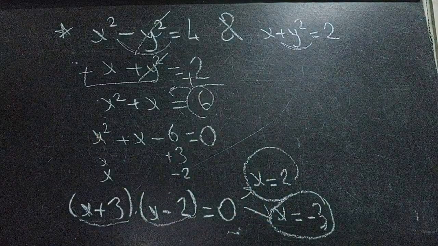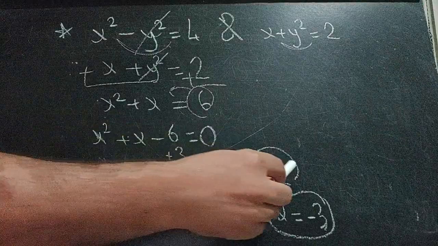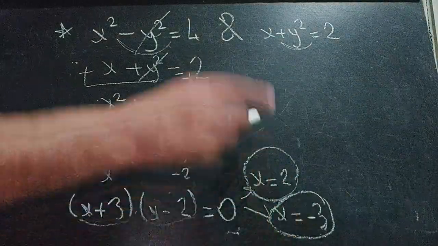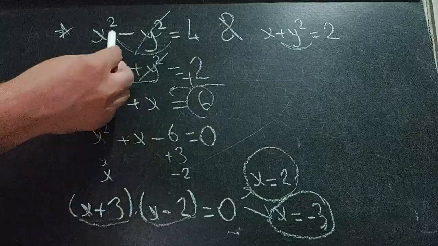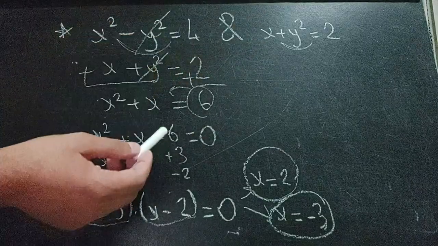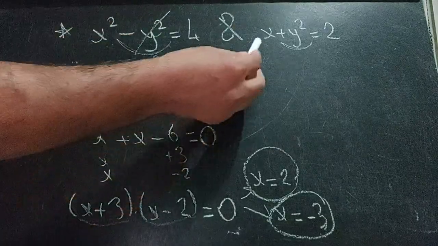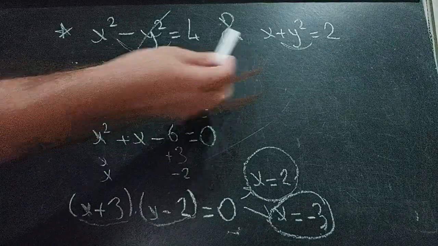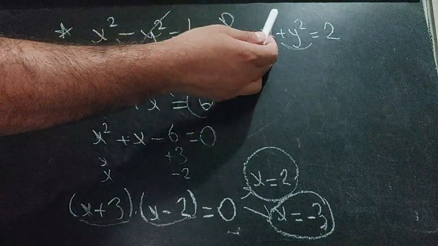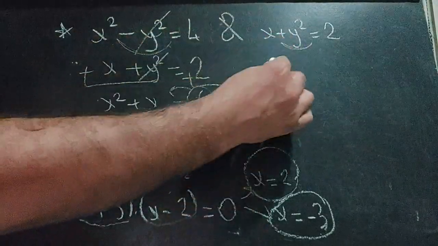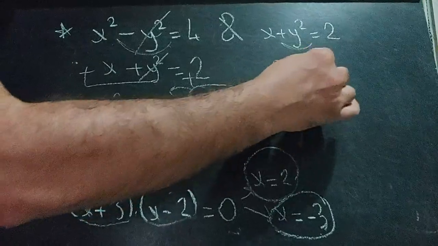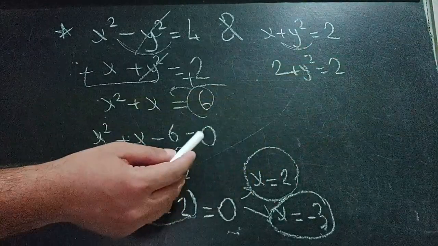Alright, now after that you are going to substitute those values instead of x into any of those equations. I want to use this equation. You can use this one, it's okay, but I want to use this. So that will be 2 plus y² equals 2. Leave the unknown alone.